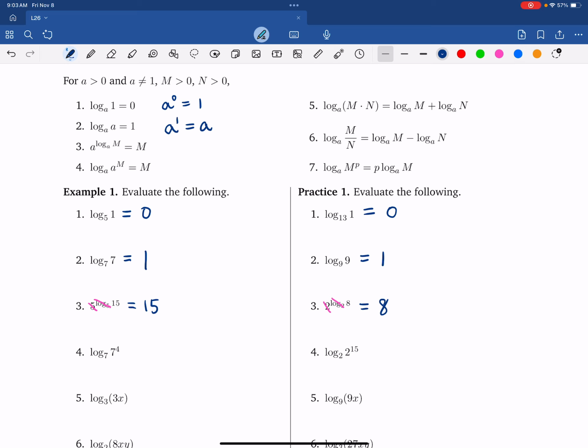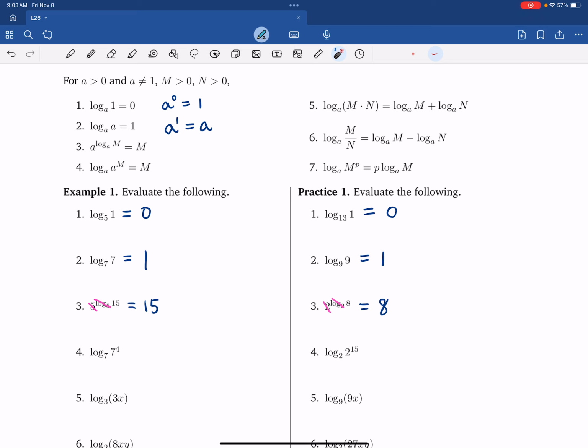Okay, number 4, log base 7 of 7 to the 4th. This one will require you to use property number 4. So let's take a look at property number 4. Property number 4 is kind of similar to number 3. So instead of having the exponents first, we have the log first. And then there is an exponent of the same base inside of that log.